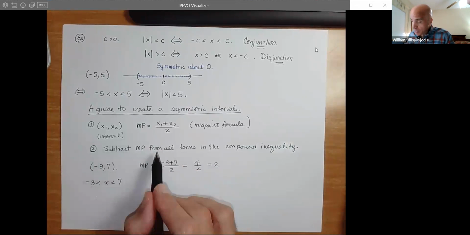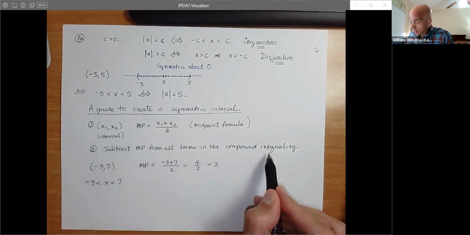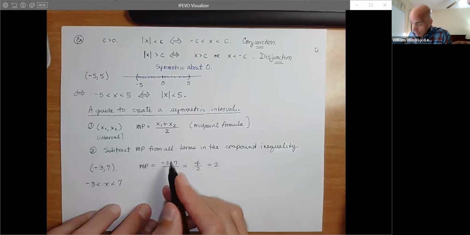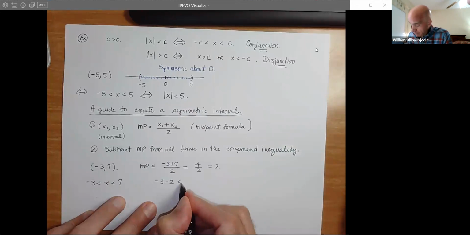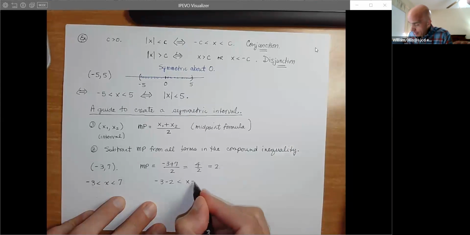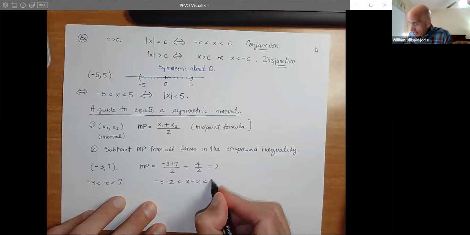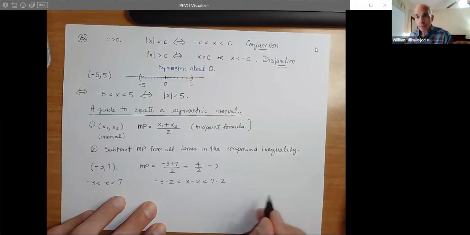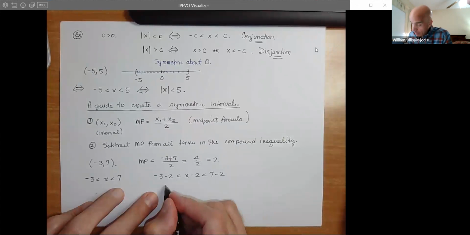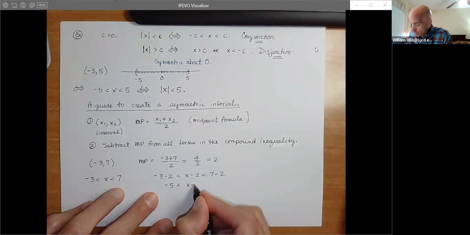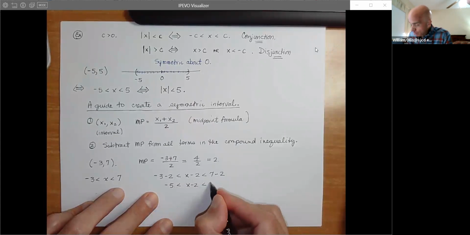Now I'm going to subtract the MP from all terms in the compound inequality. So I have -3 minus 2, x minus 2, 7 minus 2. Now that's going to give me the C. So I have -5 less than x minus 2 less than 5.